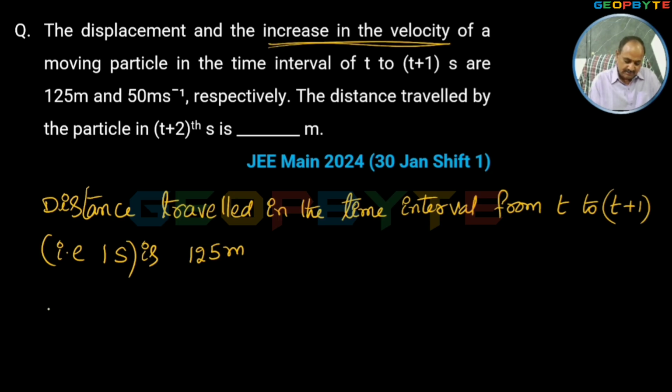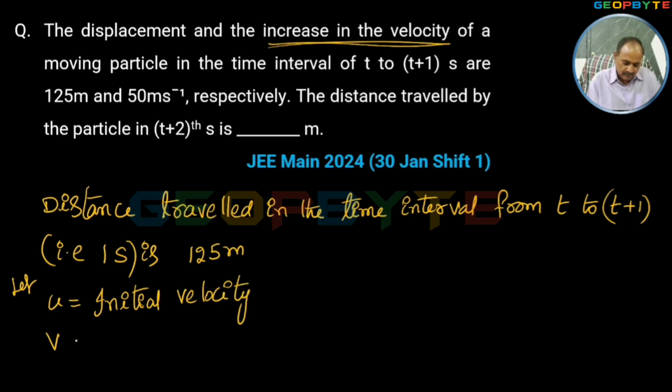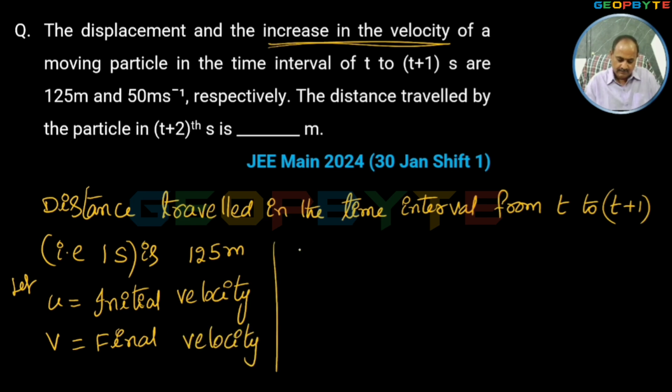Increase in velocity means, let u equal to initial velocity, v equal to final velocity. Then what is the increase in velocity in 1 second?